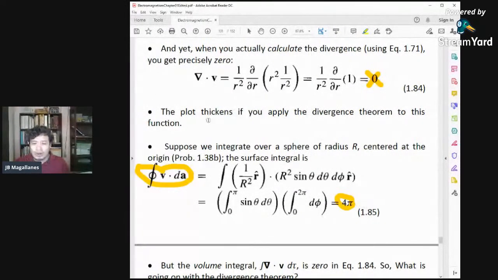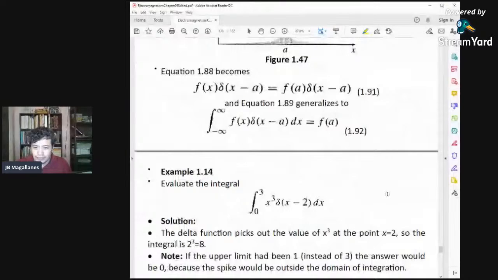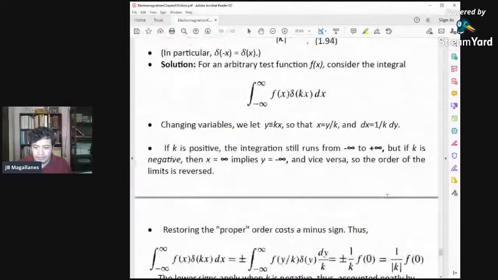So therefore, this one is equal to 4 pi times a Dirac delta function. So that's why it's written here.